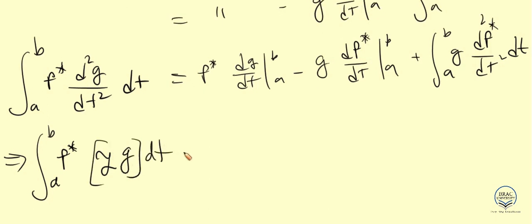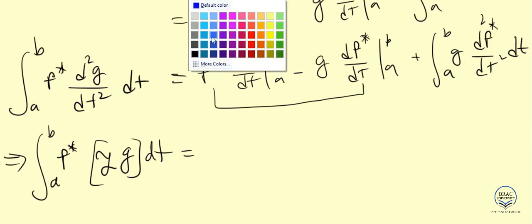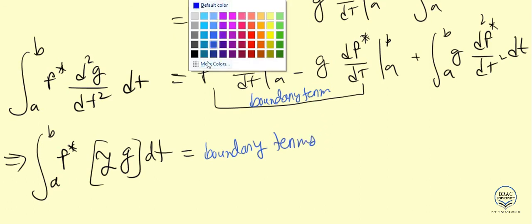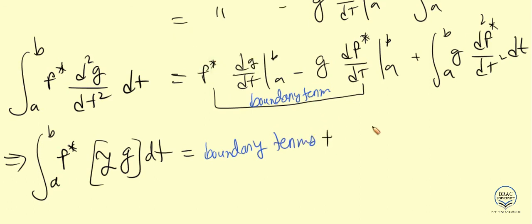And we have our integration measure, and these guys are called the boundary terms, because they are evaluated at my boundary points, right? So let me just write them down as boundary terms. And finally you can have this plus this integral ba.